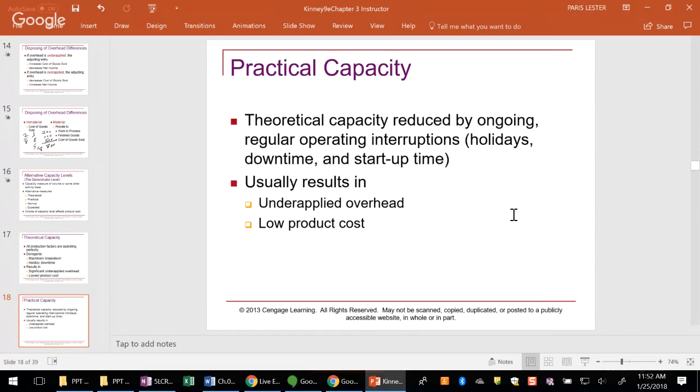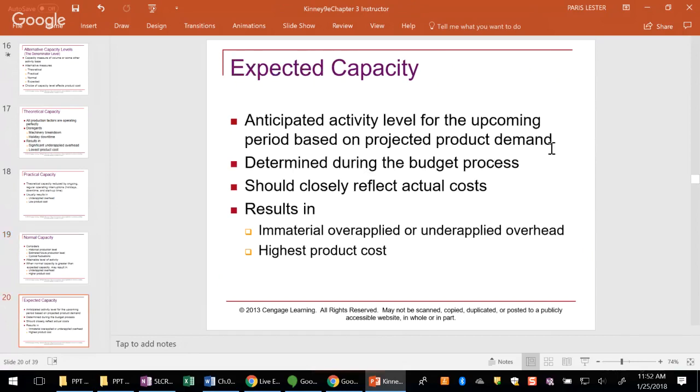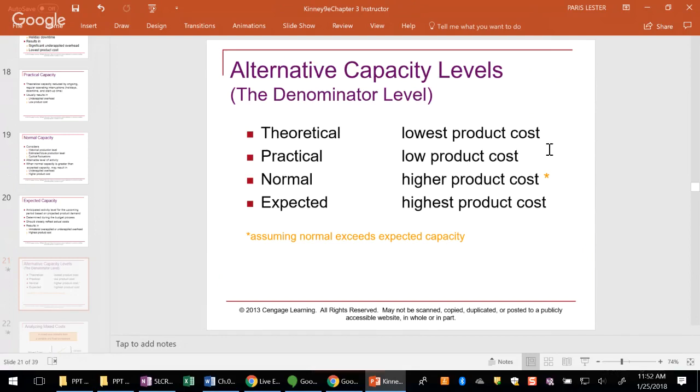Usually results in underapplied overhead. Normal capacity considers production levels, fluctuations in cycle, expected capacity, we'll look at that later.